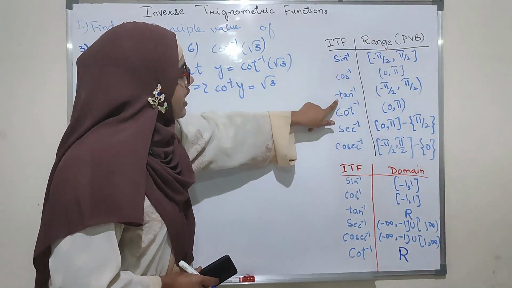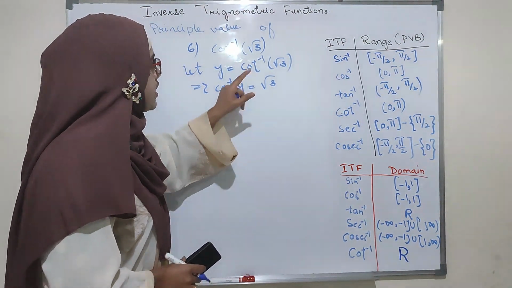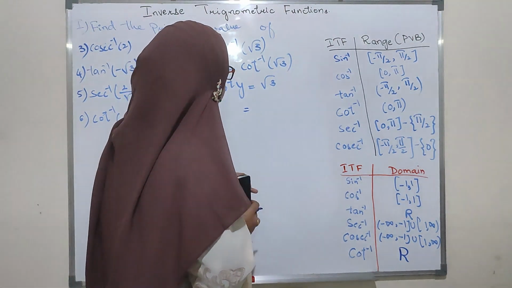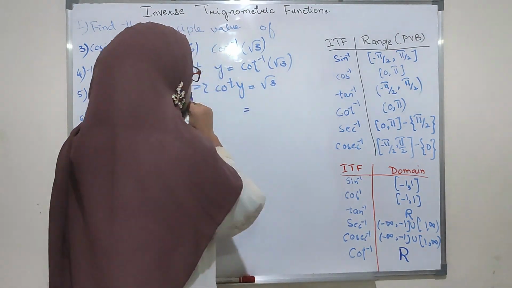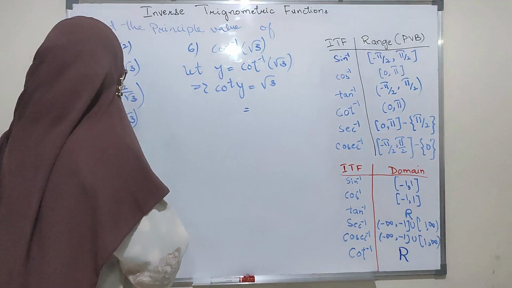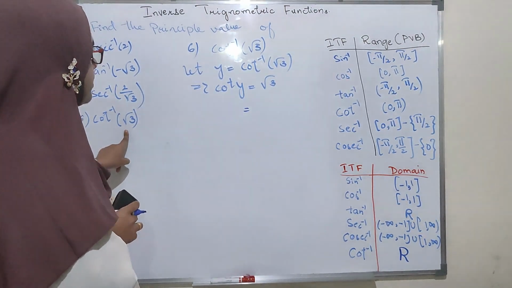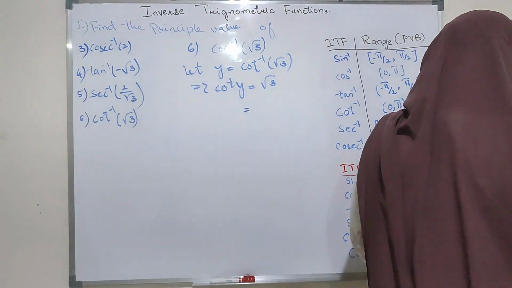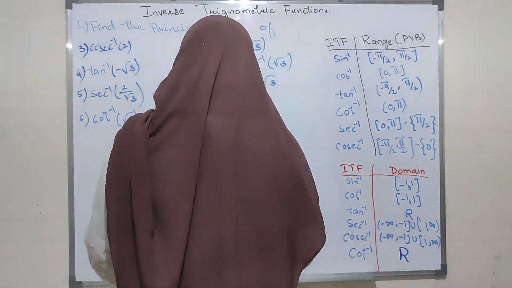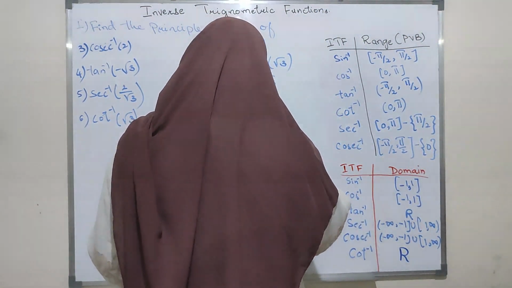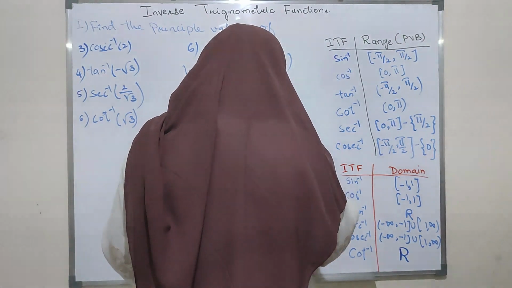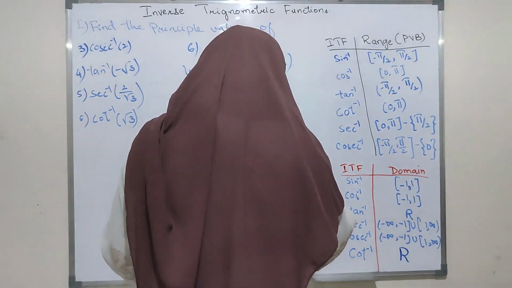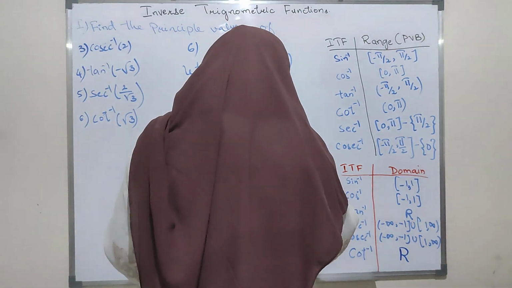If you know these three starting values, then you can easily write this. So we know that tan 60 is root 3. Here it should be 1 by root 3, which I will check.